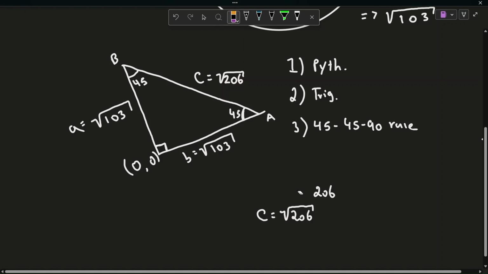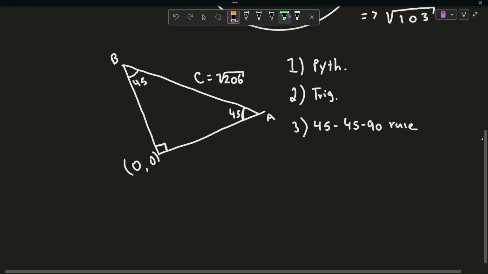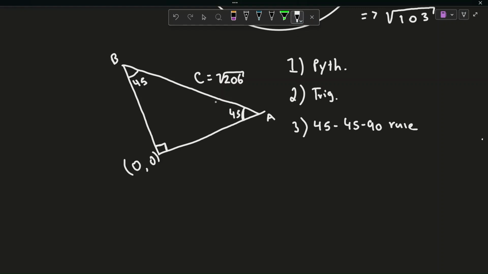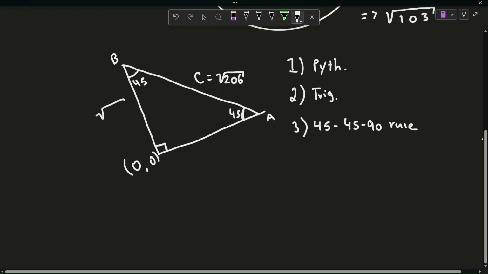If you want to solve for c using trigonometry, we're going to have to use the trigonometric functions sine or cosine. You can also use tangent, but I'm going to stick with just sine and cosine for now. So, oh, I erased this by accident. If we take this angle as theta, sine of theta is going to be equal to the opposite over the hypotenuse.